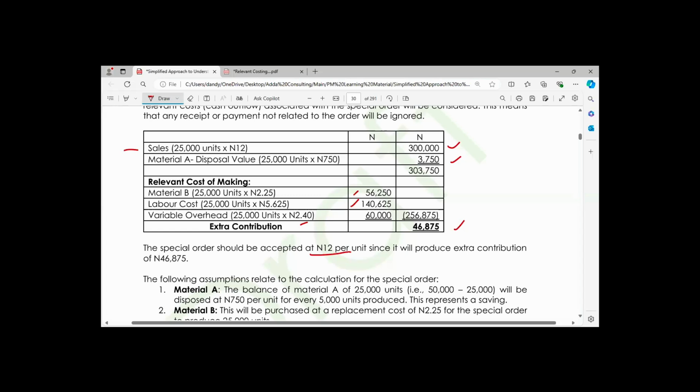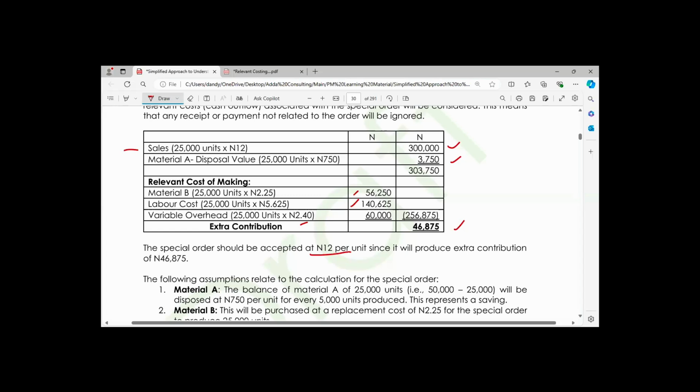So if you now have a special order to produce, it is from your spare capacity you are going to use to produce the special order, because your normal operation has already taken 70,000 units. So the remaining 30,000 is what you have as spare capacity. So when it has to do with acceptance or rejection of a special order, it is believed that the company will utilize the spare capacity to execute the order.